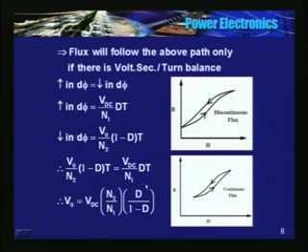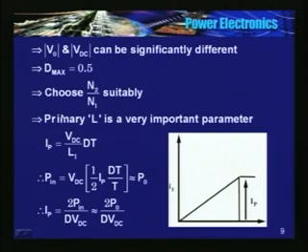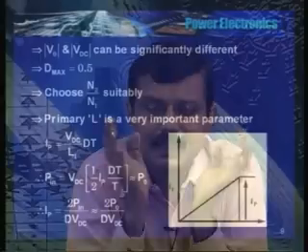So invariably, the maximum value of D is chosen to be approximately 0.5. The designer does not take the worst condition to be 0.5, it takes this to be 0.5, and chooses N2 by N1 suitably, which is another important parameter in flyback transformer design.